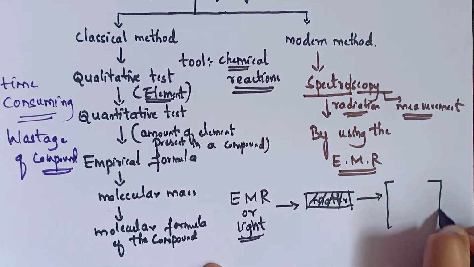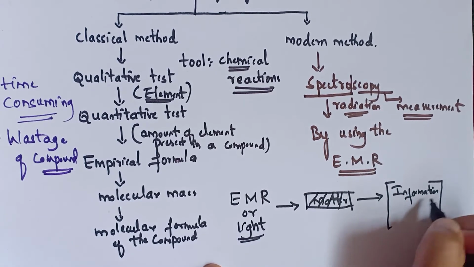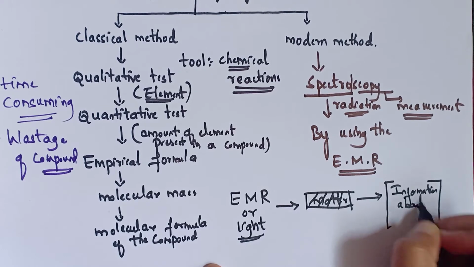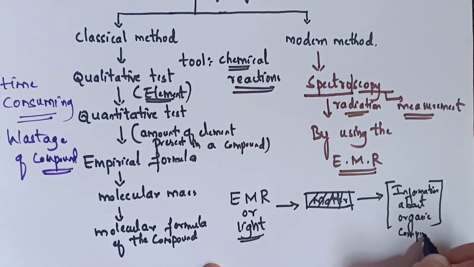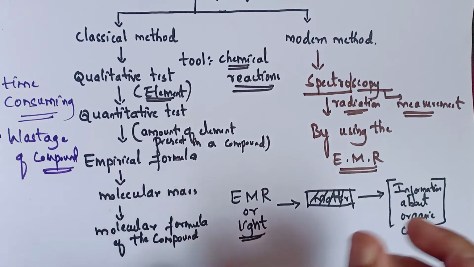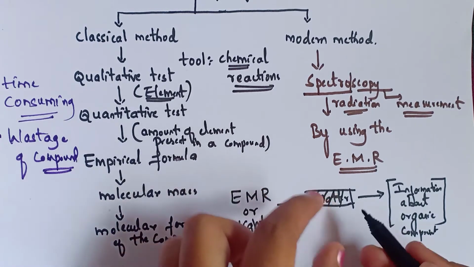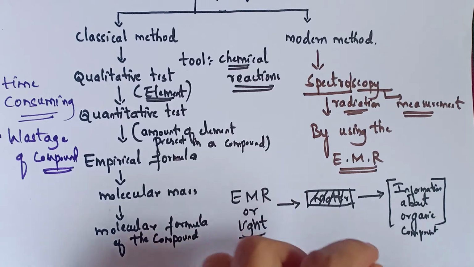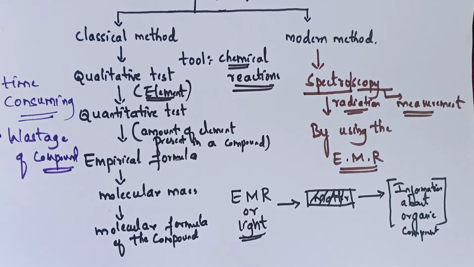This gives the information about the organic compound. See, when these electromagnetic radiations interact with this matter, that means when this electromagnetic radiation passes through this matter, we will get the information about the organic compound. It is very simple. So, now let us try to write the definition of this spectroscopy.